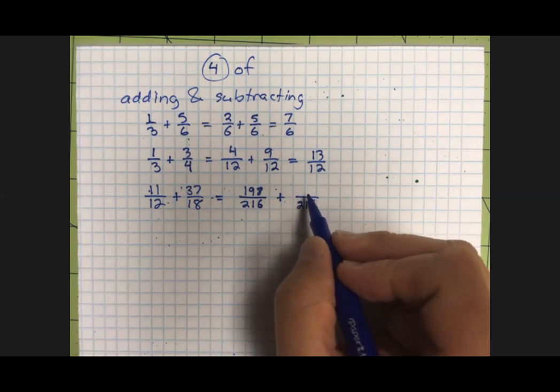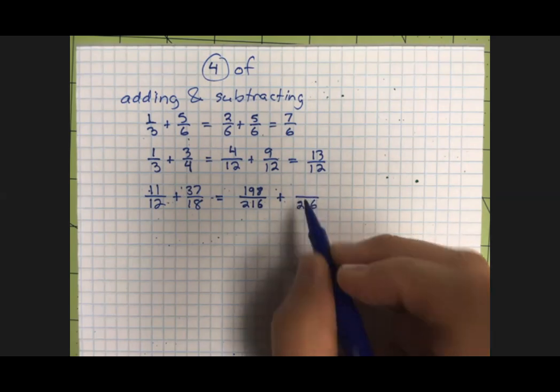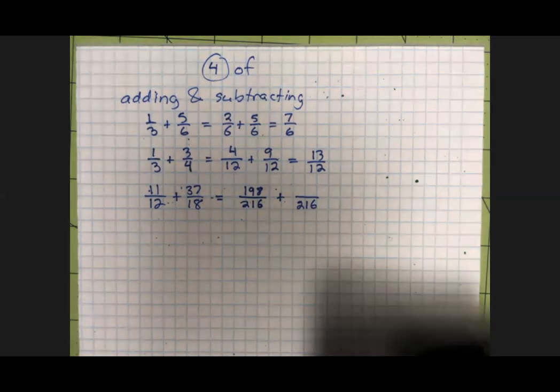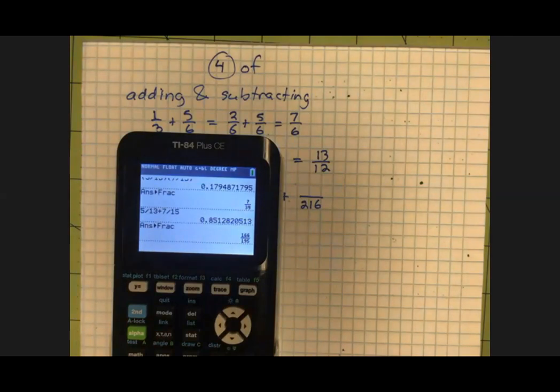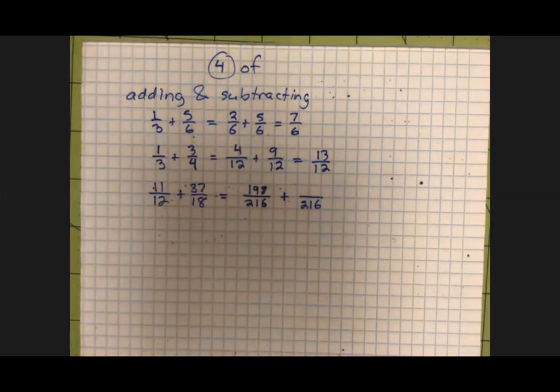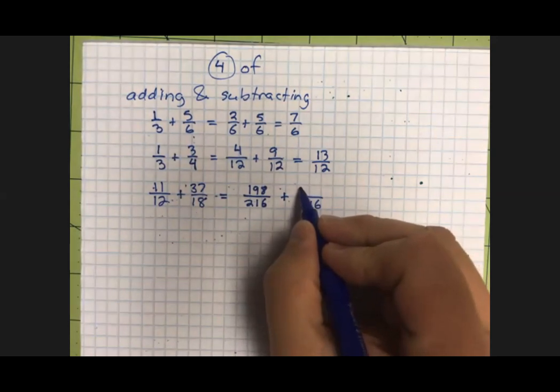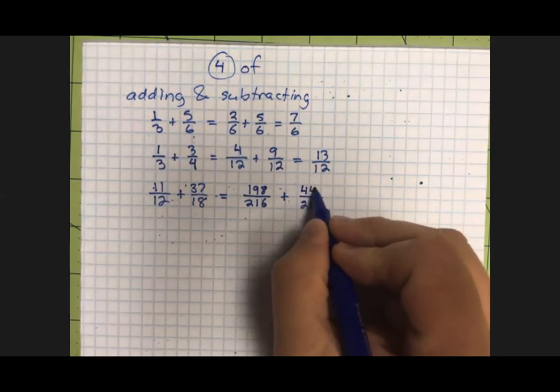Is it 444? You know, you don't ever have to be too proud. You can use a calculator. 12 times 37. No, it's 444. But don't think you have to do things in your head.